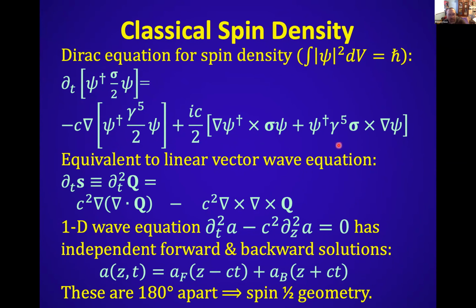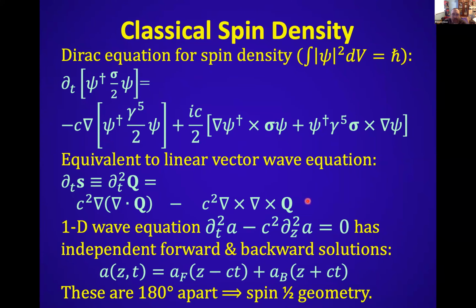But I was able to actually derive this equation from the wave equation. And the corresponding terms are: the time derivative corresponds to the second derivative of Q. This term corresponds to the gradient of a divergence. And this term corresponds to the double curl. So these two terms combined give you the Laplacian.